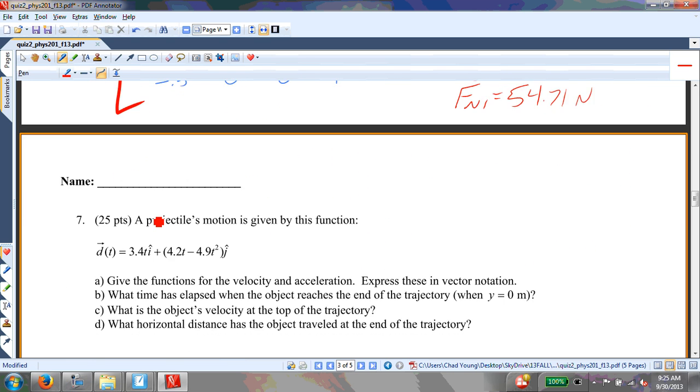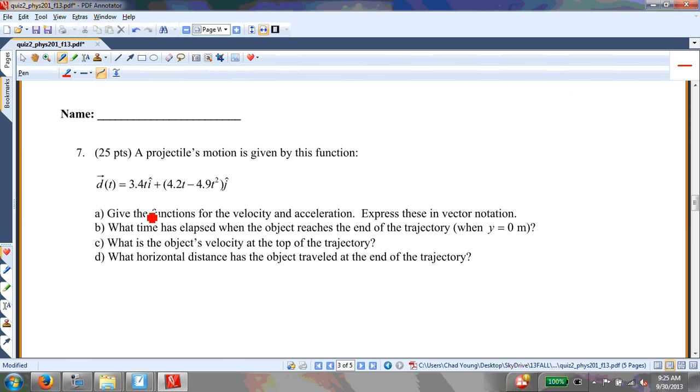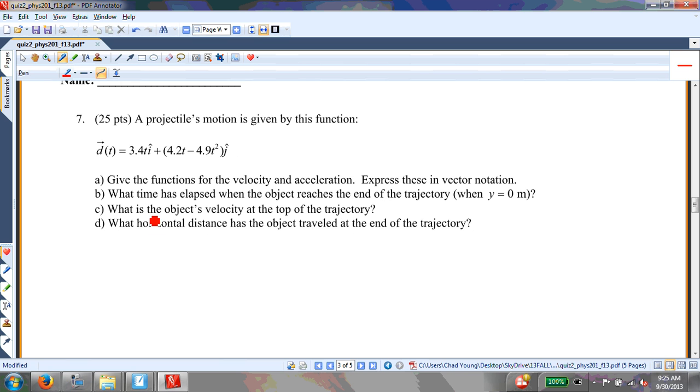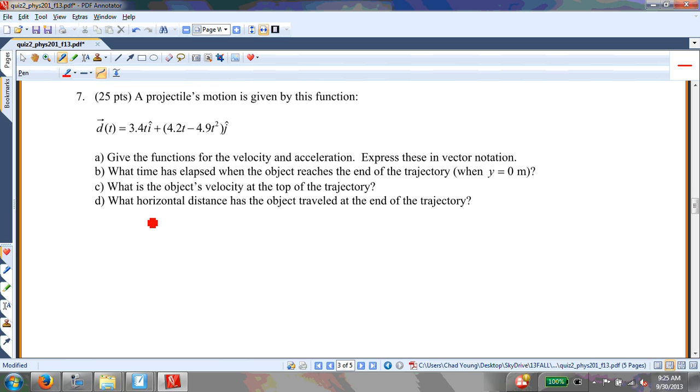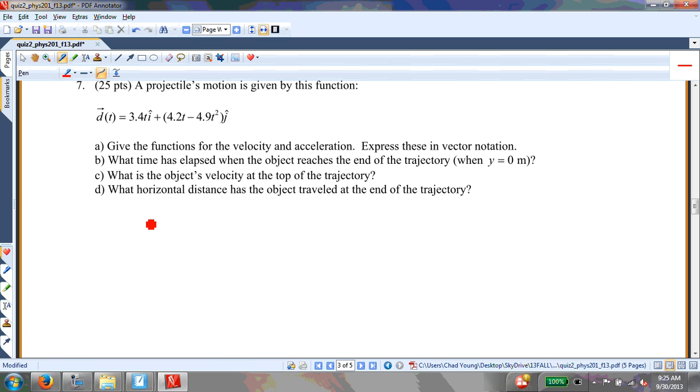It's a long time on that problem, but as I said, a lot of that wasn't actually involved in the exam. All right, so a projectile's motion is given by this function. Give the functions for velocity and acceleration. So my velocity is just going to be the derivative of the displacement.